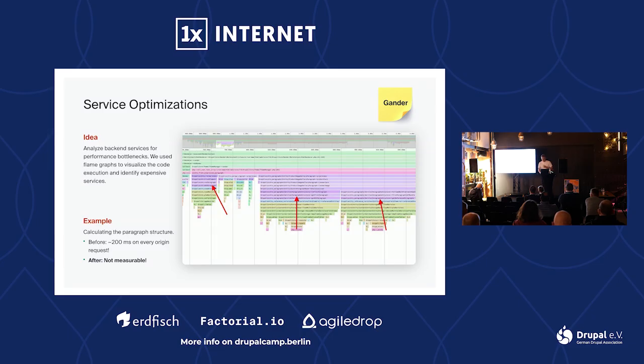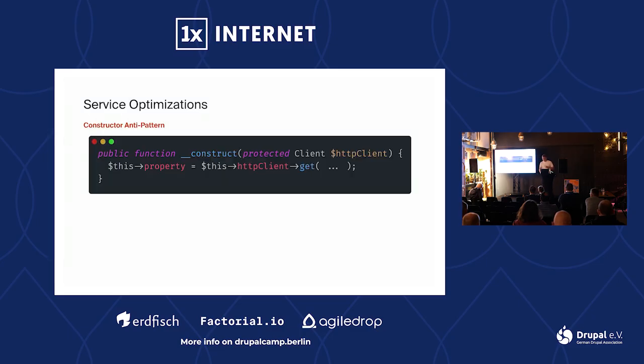Now, two more examples. This is actually where you're gaining experience and you're identifying some things that you should not do. Right? And I will just share two of the things that you should not do that we actually found in this project. And the first one I call the constructor anti-pattern.